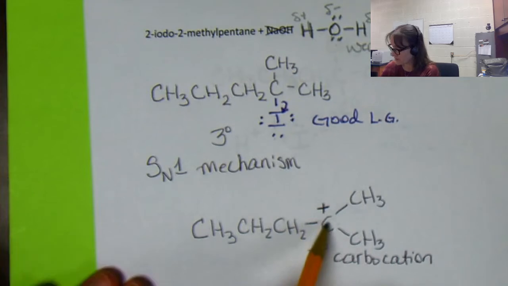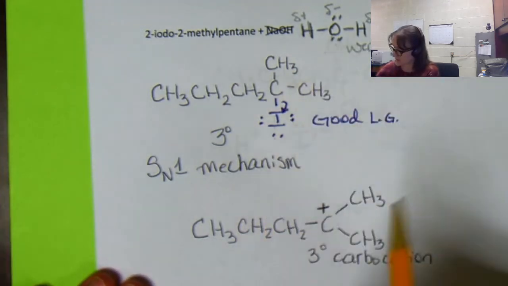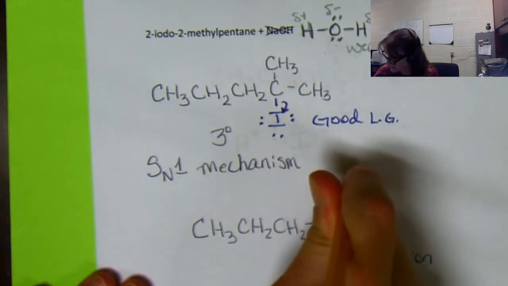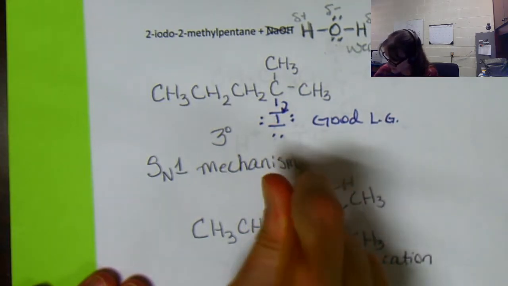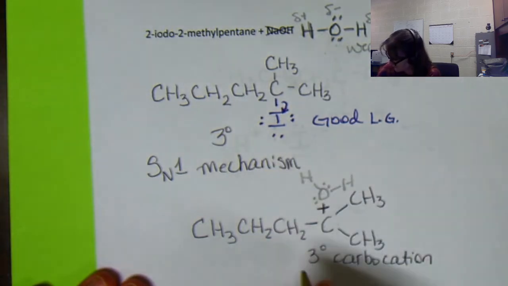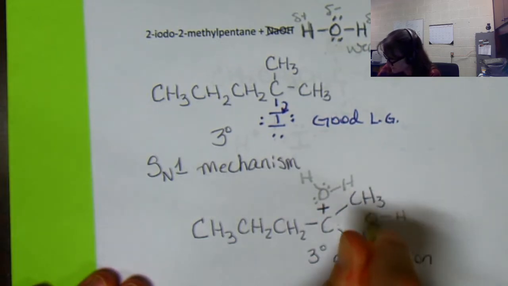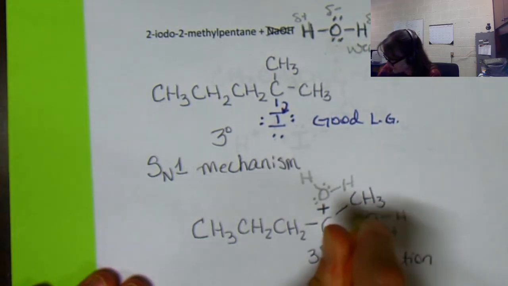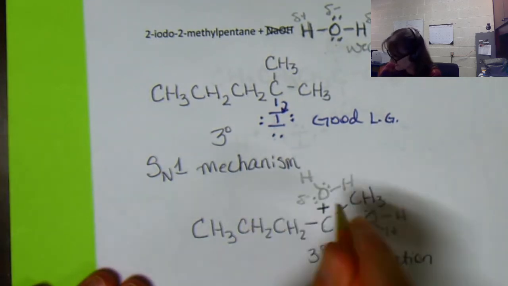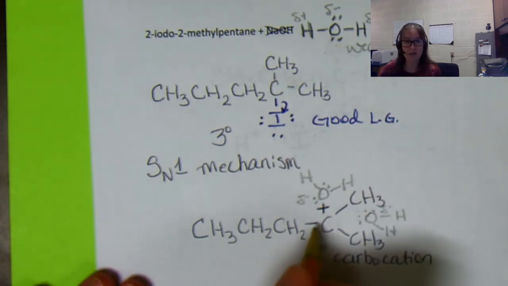And for this substance here, water is present in this reaction. And so water is going to help stabilize this carbocation. I'm only drawing it two-dimensional because I don't have enough room, but it would be surrounding it on all sides. So the oxygen is partially negative, and it's going to be attracted to the carbocation.